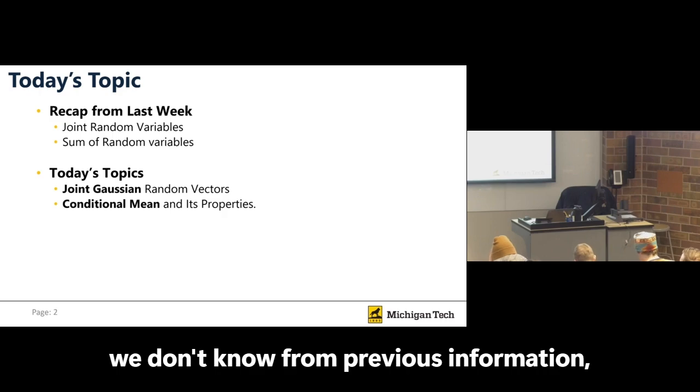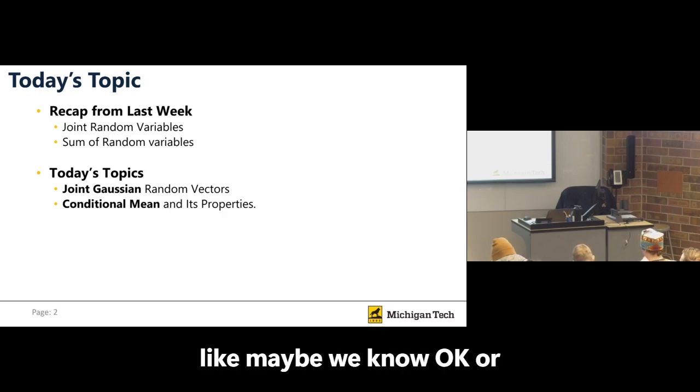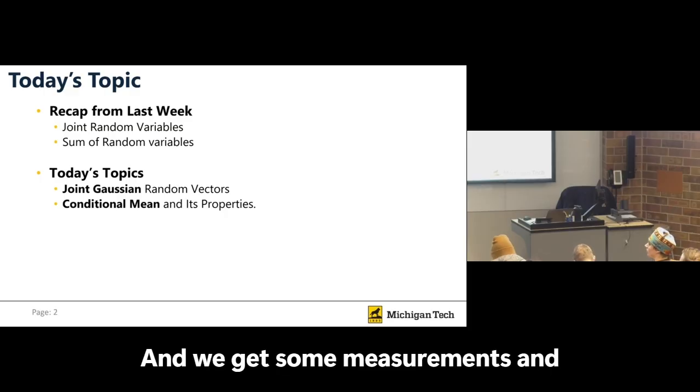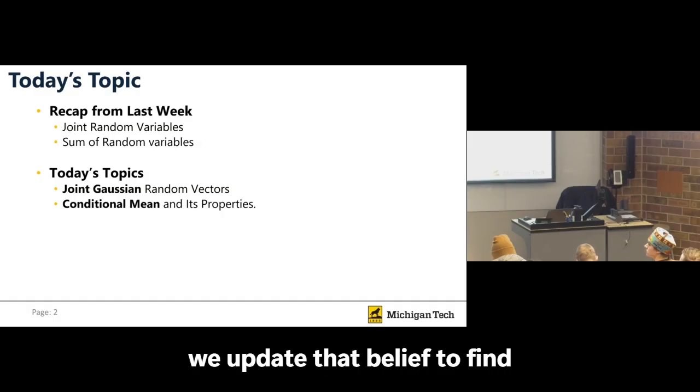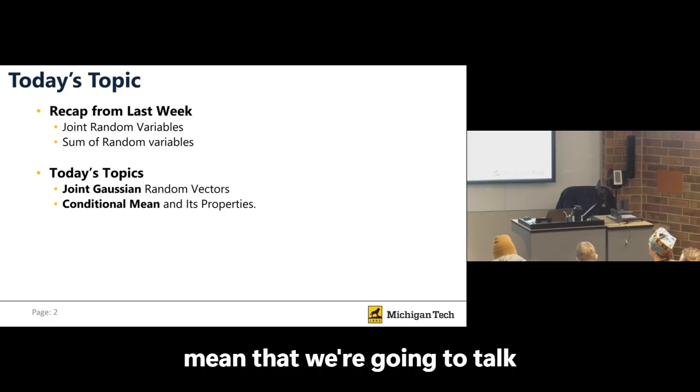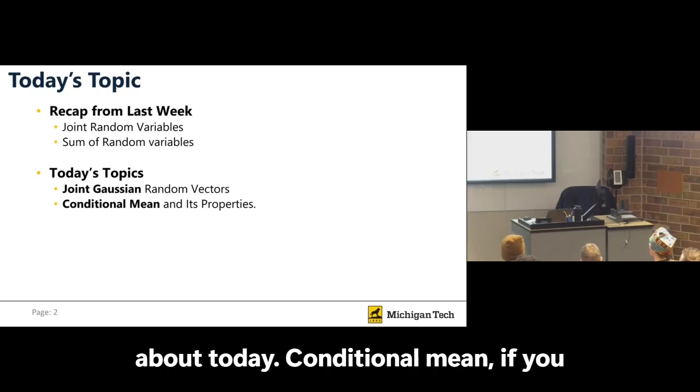How? From previous information. Like maybe we know the speed was this, and we get some measurements, and we update that belief to find the future. That's called conditional mean that we're going to talk about today.